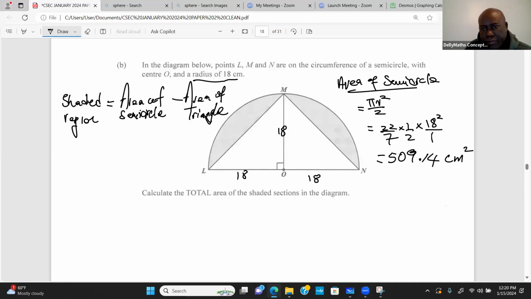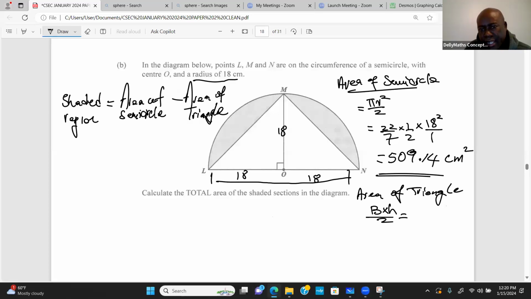Now for the triangle, we put the triangle right underneath this. The area of the triangle, we already know. It's simply base times height over 2, or half base times height, the same thing. The base is going to be 18 plus 18, which is going to give us 36, times the height, which is 18, half of that.